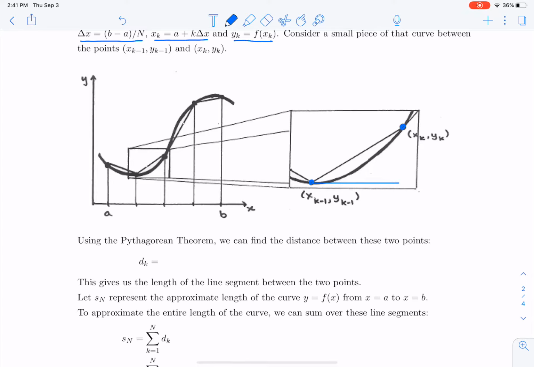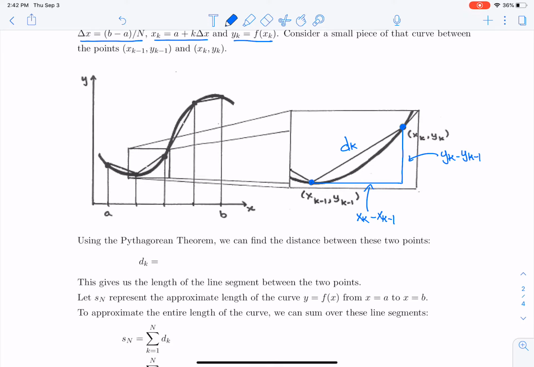So I'm going to draw a triangle, and I'm going to note that this length is going to be the difference in the x's, so it's going to be x sub k minus x sub k minus 1. And this length is going to be the difference in the y's, y sub k minus y sub k minus 1. And then the hypotenuse I'm going to call d sub k.